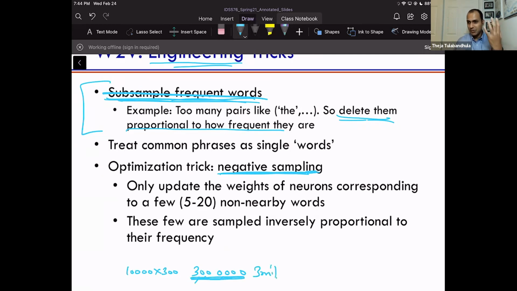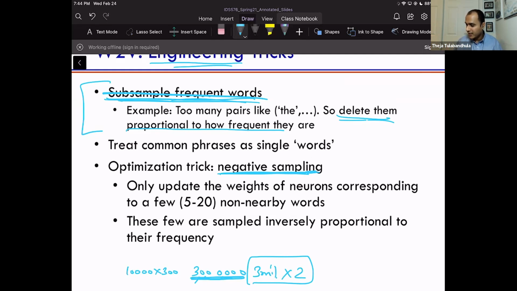For one set of weights, going from one-hot encoded to hidden, there are 3 million numbers. Similarly, from hidden to output, there's another 3 million. So there are 6 million numbers to be touched or updated, right? That's a lot of parameters, and you can imagine the actual version will have so many more words, so the number of parameters to update is too many.